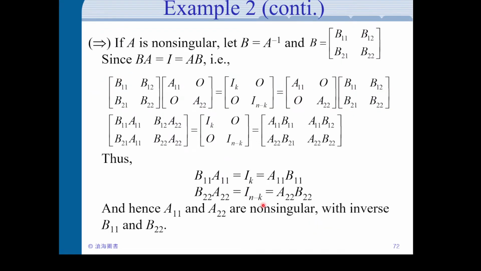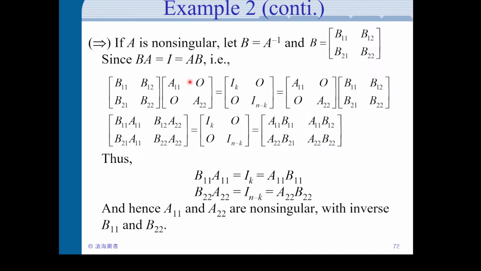Then also if A is non-singular, then there is some B equal to A minus 1, and we assume B is block diagonal, and we also partition B into this block form, then BA equals identity. So now we do block multiplication. We have B11, B21, B12, B22 multiplied on the blocks, and it should equal identity.